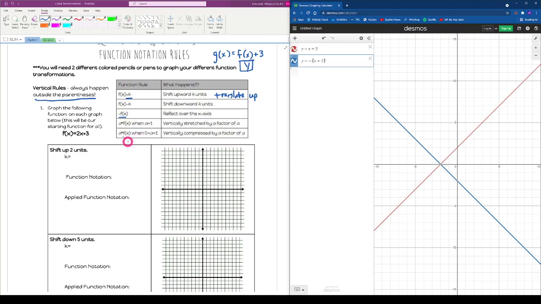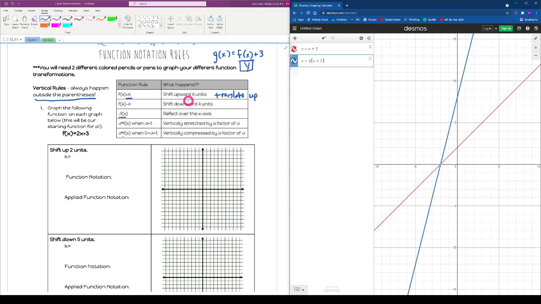The last thing we can do in terms of a function is to multiply an existing function by a number. So we could take our original function x plus 2 and multiply that by 4. What we do then is we vertically stretch that function by a factor of whatever that number is. If it's a bigger number than 1, we're stretching it out.